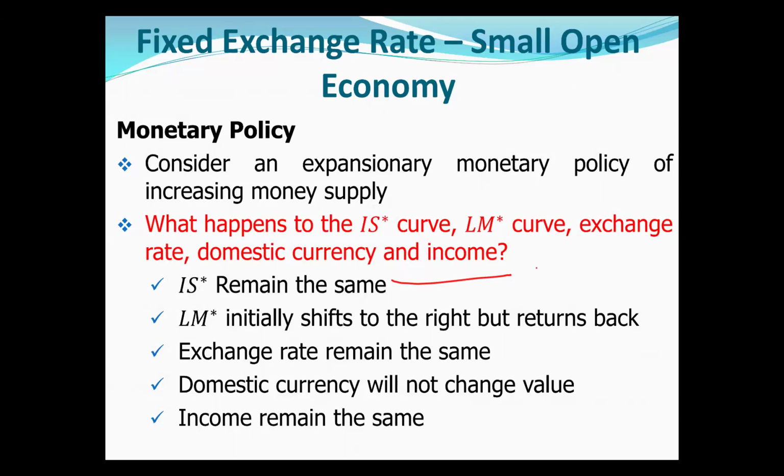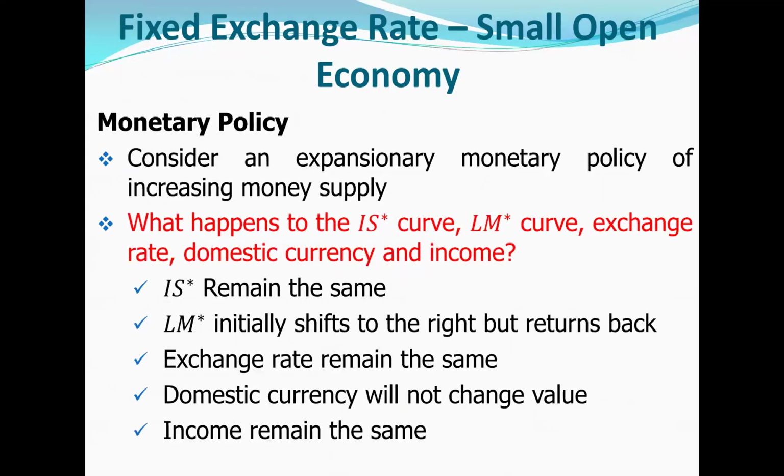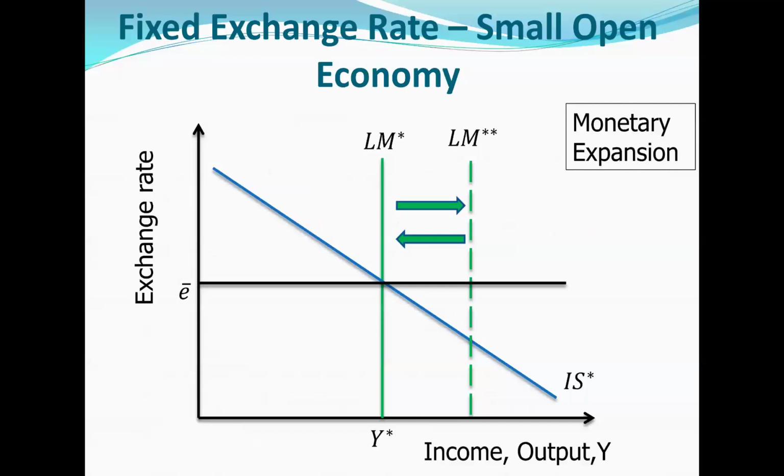That's what happens if you are dealing with monetary policy and the exchange rate is fixed. The exchange rate will remain the same, the domestic currency will not change, and even income will remain the same. It was almost a change, but it got back.